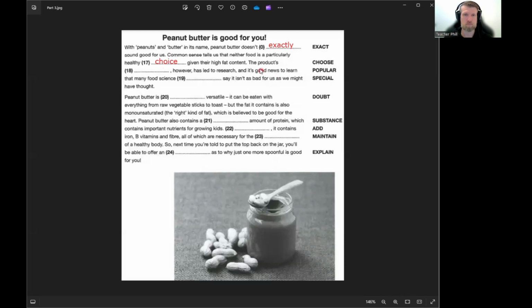Then, in the next sentence, it says the products. So we can see here, we have this possessive apostrophe, this possessive S, which means that something that belongs to the product needs to go here. If it's something, that is once again a noun. So I'm pretty sure that we need to use another noun here.